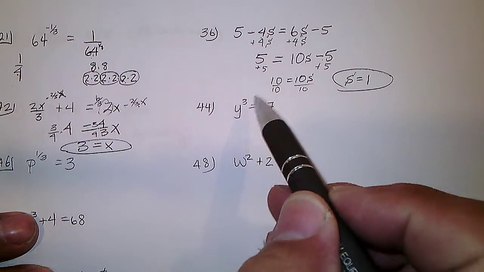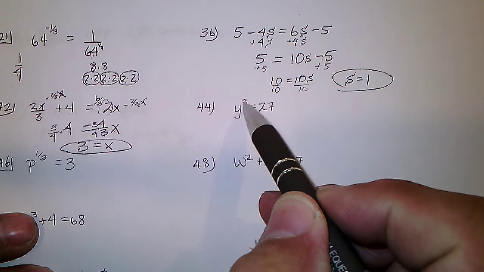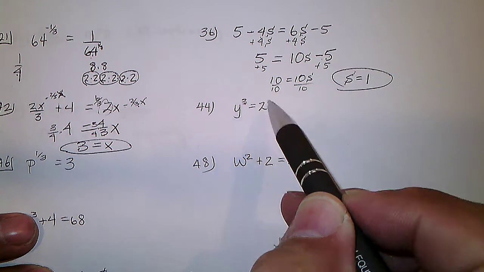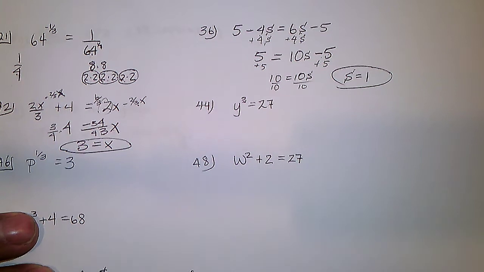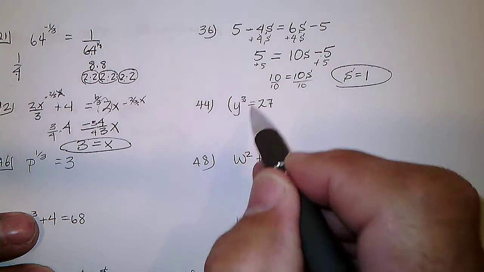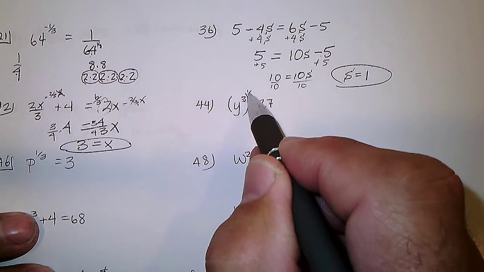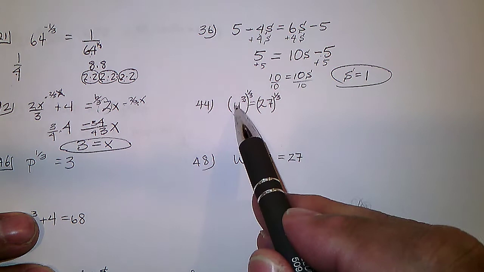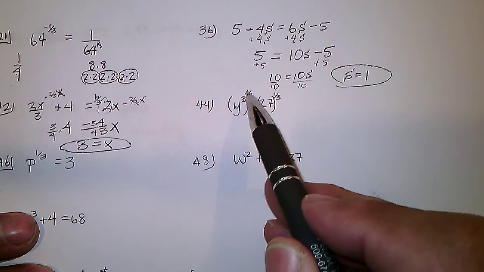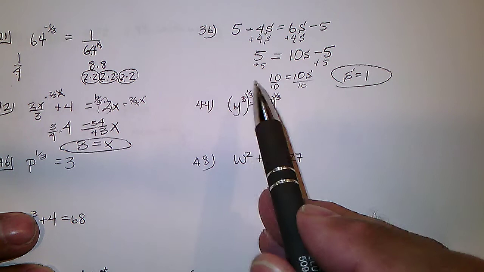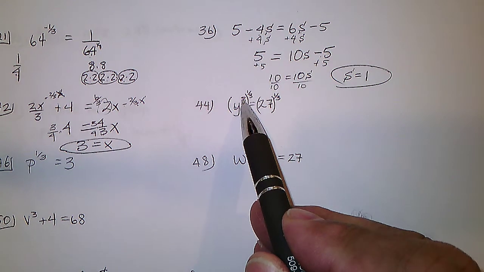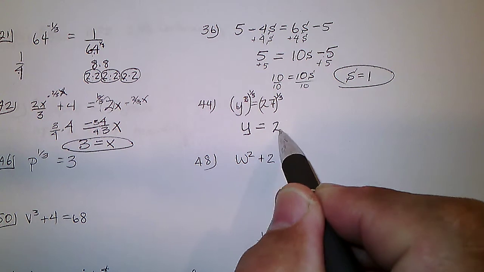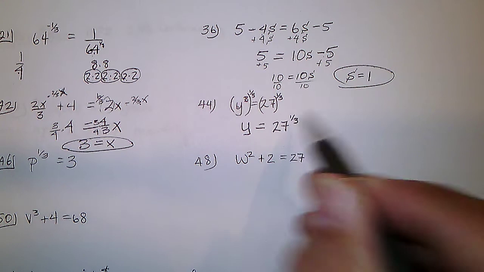All right, if I want to get rid of the third power, the y to the third, I'm looking for something that I can take times itself 3 times to make 27. You might be able to do that in your head. If you can't, you can also just do 1/3. When you have something to a power, you multiply the powers, and that's why I used 1/3. 1/3 times 3 is 1, so I get y to the 1, or just y, equals 27 to the 1/3.